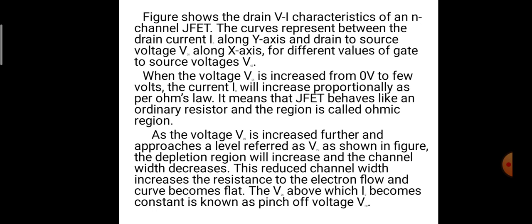As the voltage VDS is increased further and approaches a level as shown in the figure, the depletion region will increase and the channel width decreases. This reduced channel width increases the resistance to the electron flow and the curve becomes flat. The voltage above which the current becomes constant is called the pinch off voltage VPO.